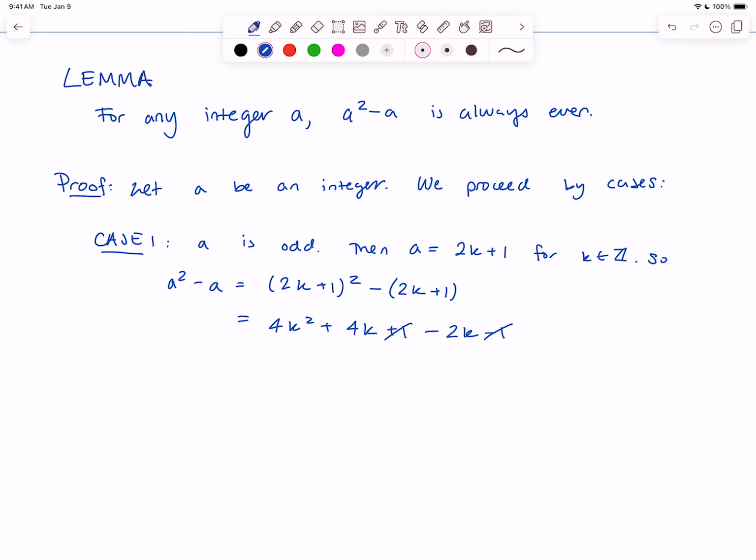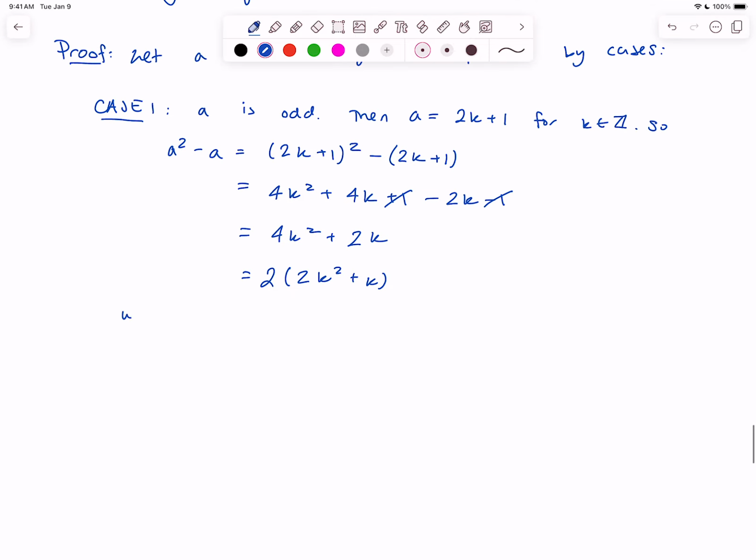These ones cancel, so we get 4k squared plus 4k. Then subtracting away the 2k, we get plus 2k. And then we get 2 times 2k squared plus k, where 2k squared plus k is an integer, so A squared minus A is even.